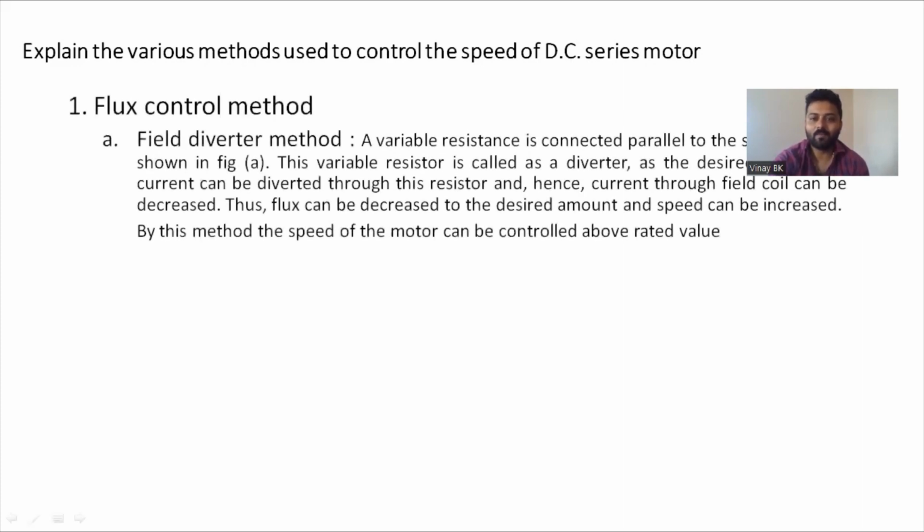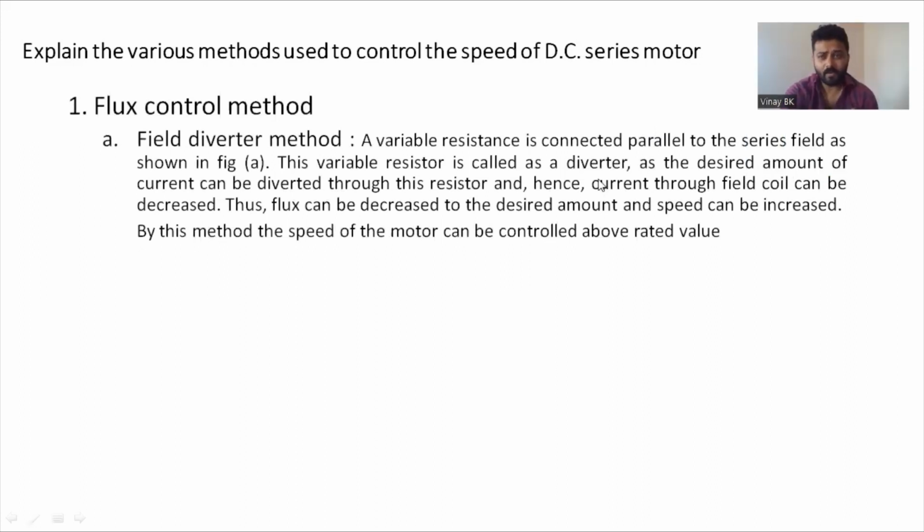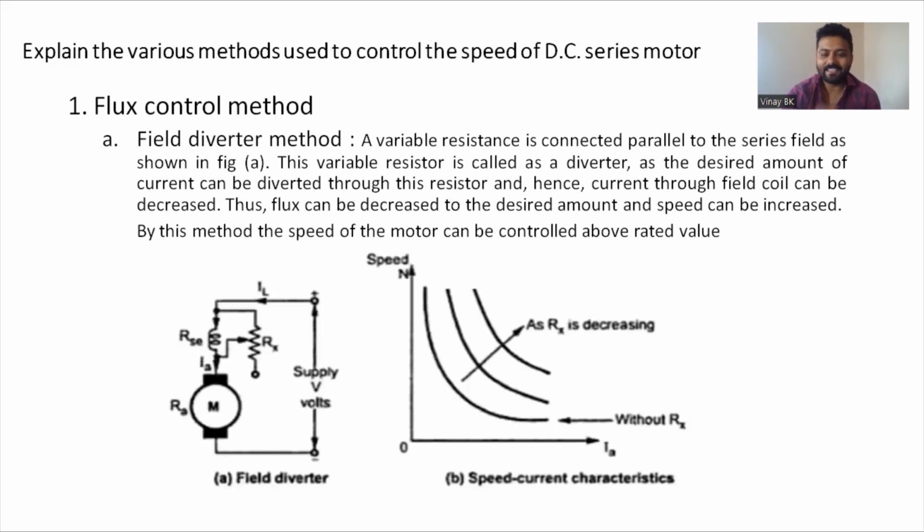Okay, so now just see what and all you have tried in the examination. For the flux control method, there are four different parts again. One is field diverter method. For DC series motor, you can observe the word itself says a field diverter method.